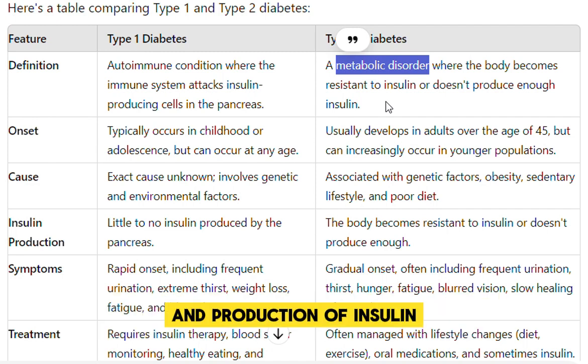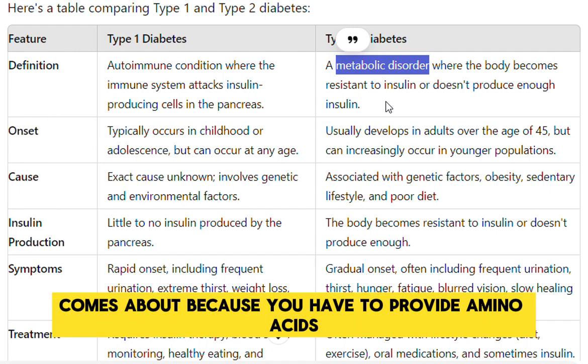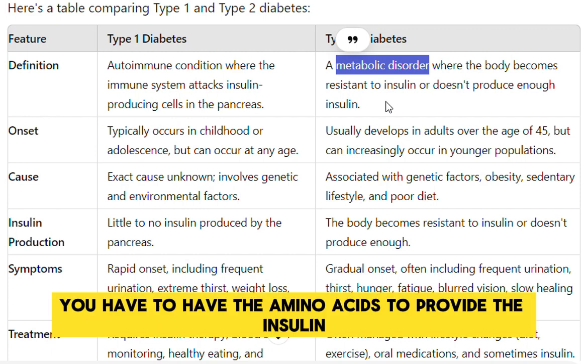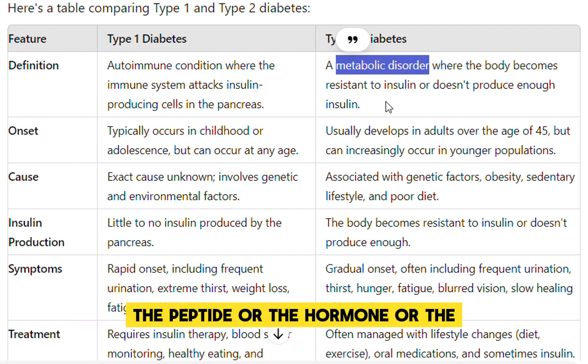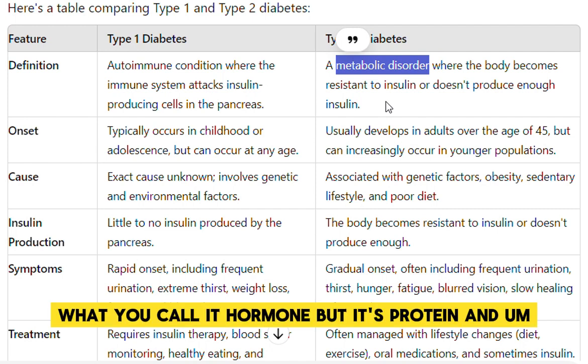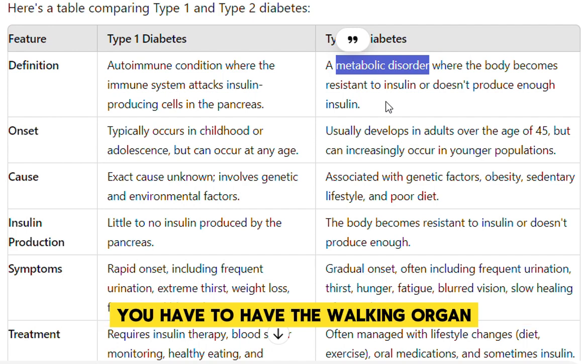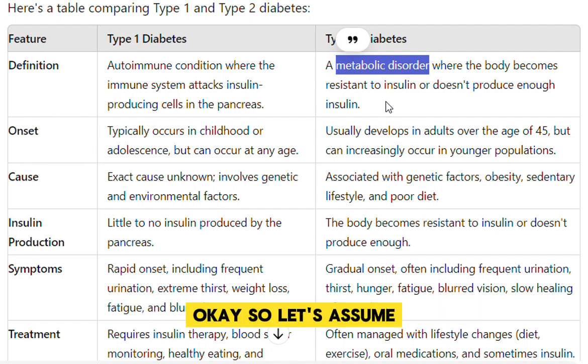And production of insulin, which is a protein, of course, comes about because you have to provide amino acids. You have to have the amino acids to provide the insulin molecule, the two chains of the insulin, to make the peptide or the hormone, well, you call it hormone, but it's protein. And you have to have the working organ, which is the beta cells of the pancreas.